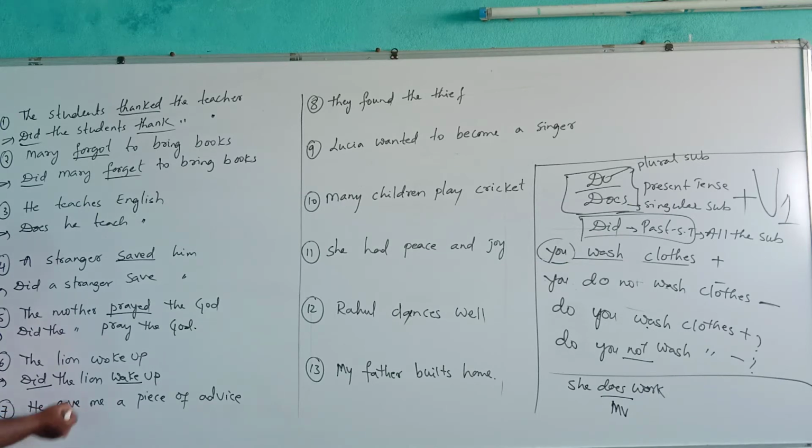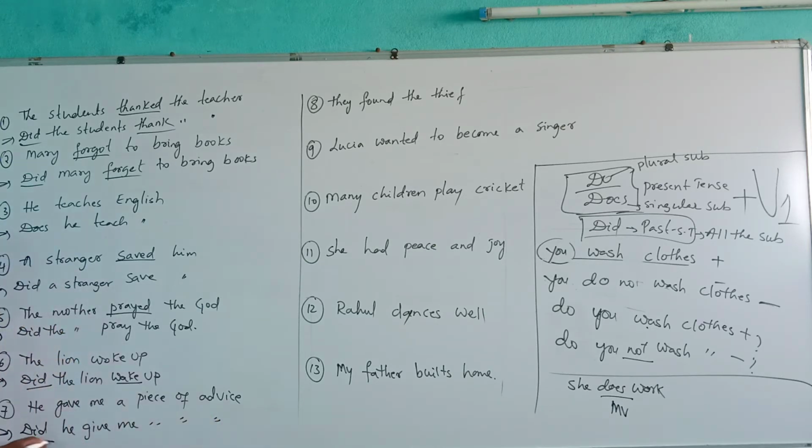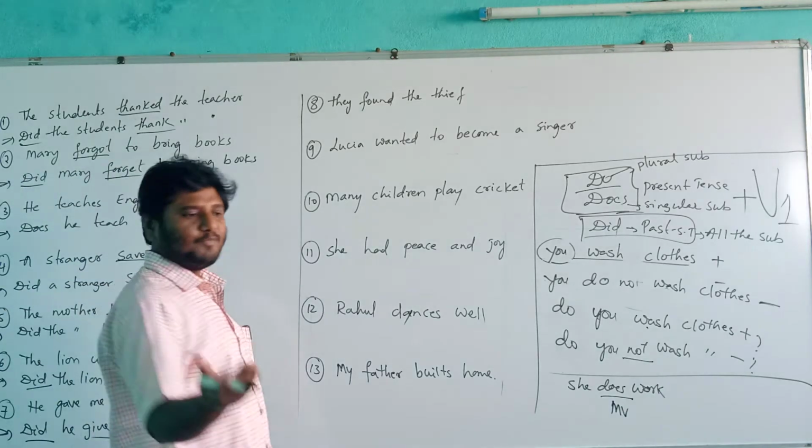Next one. He gave me a piece of advice. Now he gave me, again it is a past form. Then did he give me a piece of advice? Did and give. Okay, I hope you understood it.